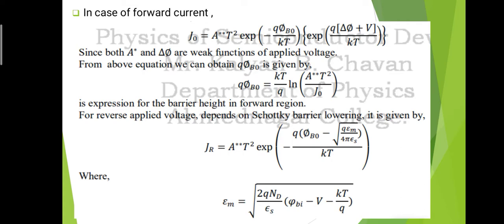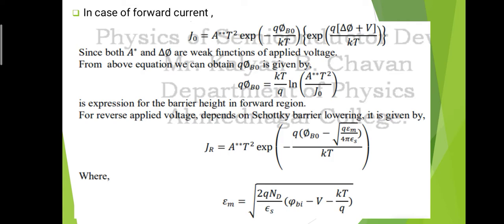A** is the constant, T is the temperature, q phi B0 is nothing but the barrier height, and kT is the thermal energy. We have discussed this expression in our previous videos.